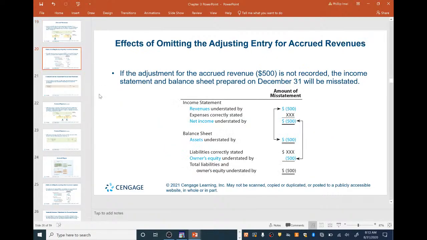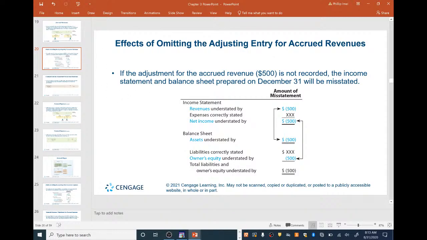So let's just see if we omit that one entry, how much of an impact that's going to have on every component of the business. So once again, effects of omitting the adjusting entry for accrued revenue. We forget to accrue a revenue that a company actually earned, okay?